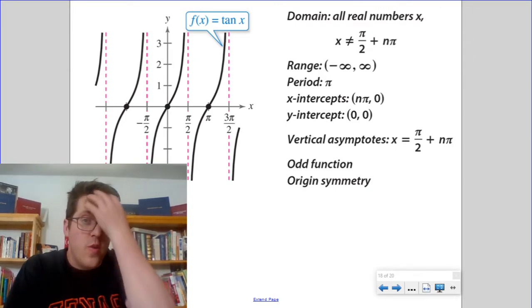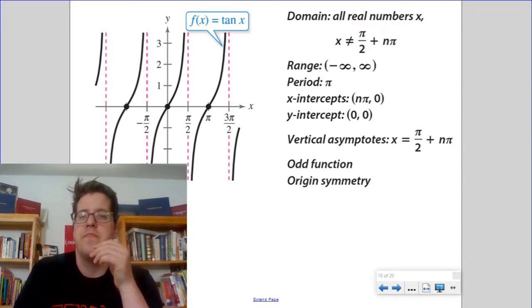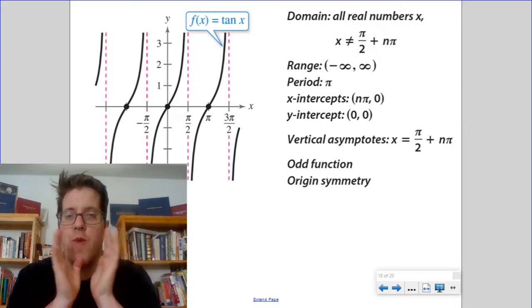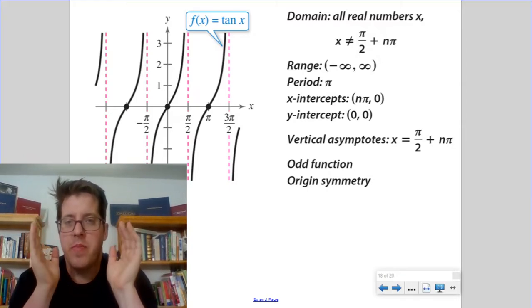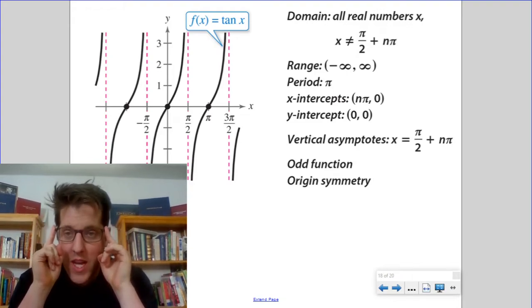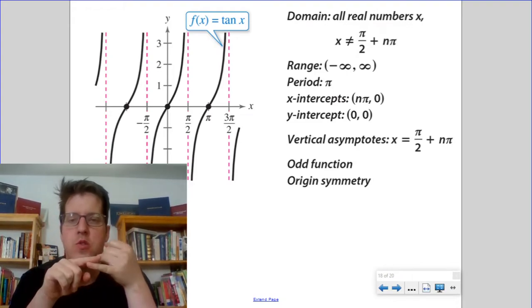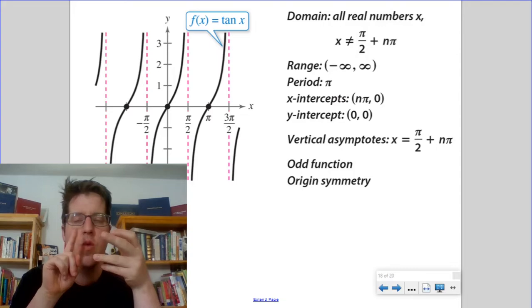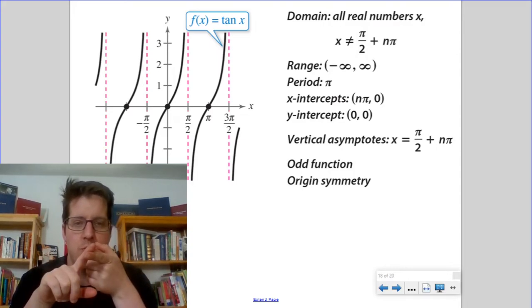Okay, some things to notice about the parent function here. One, our range is now from negative infinity to positive infinity, but our domain isn't. We cannot have inputs of pi over 2 or 3 pi over 2 or 5 pi over 2 or negative pi over 2.